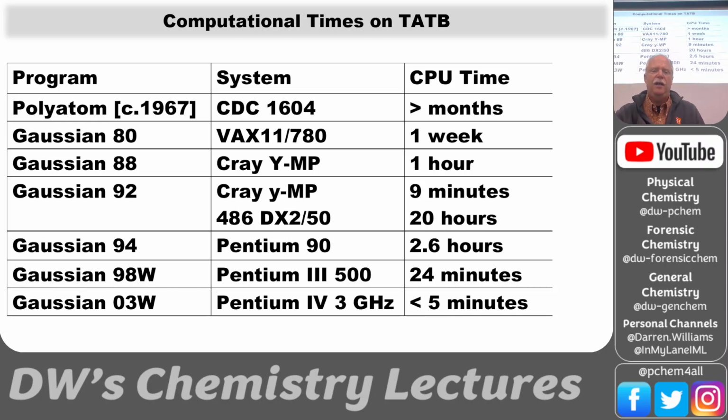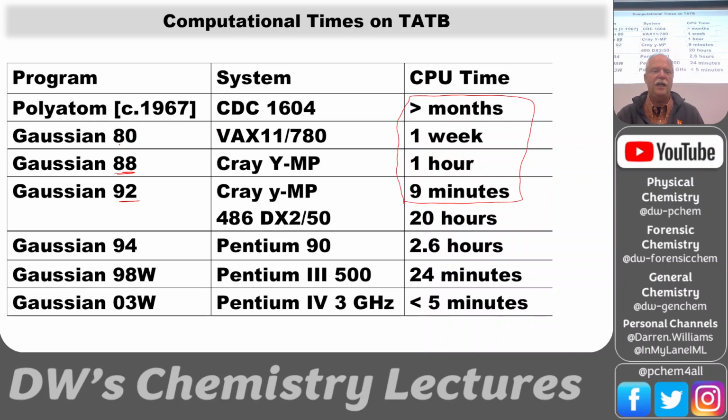I was able to find this information right here. So I found this article that said TATB took 9 minutes on a Cray supercomputer using Gaussian 92, and Gaussian 88 calculating the same molecule took 1 hour.